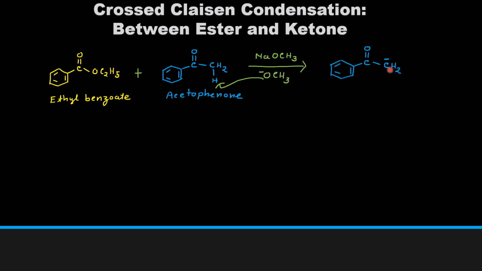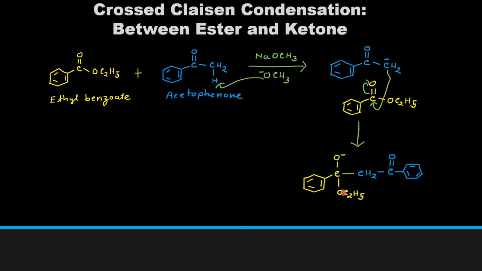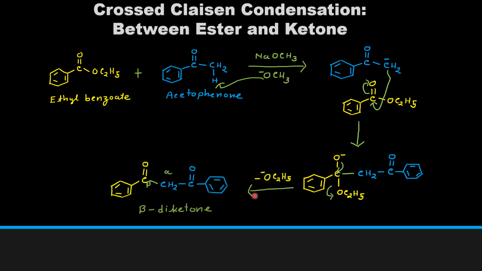So this is the carbanion forming. Now this carbanion will attack the electrophilic carbon of the ethyl benzoate. Then finally a new bond will form between the electrophilic center and the nucleophilic center. And then finally we'll be getting a product that is the beta diketone.